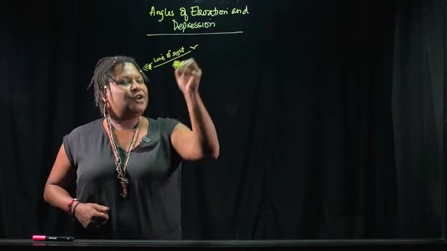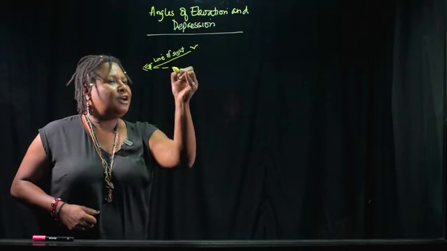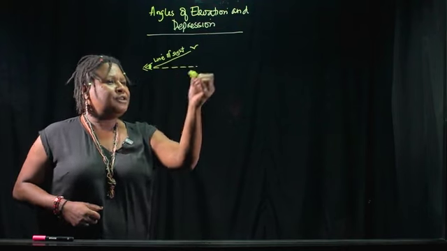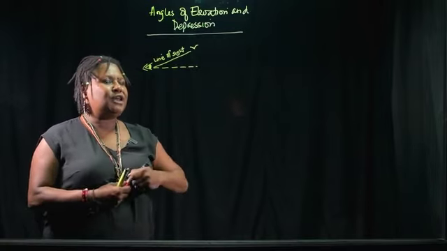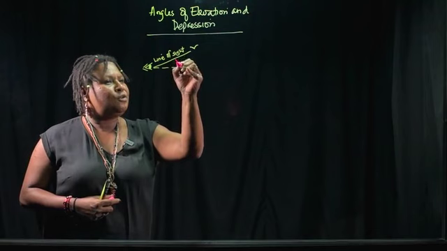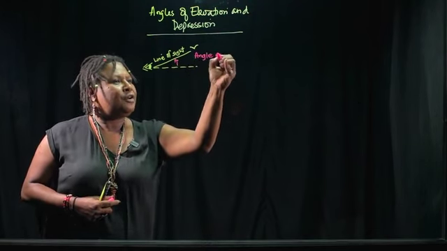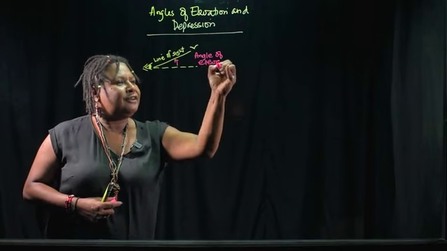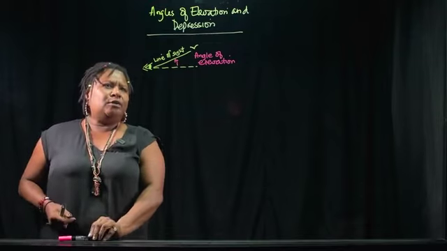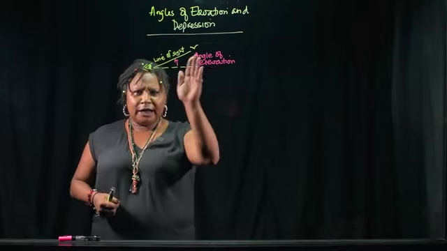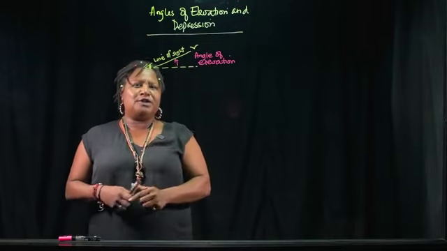Your line of sight forms an angle with the horizontal. This is known as your angle of elevation. Looking upward at something forms an angle of elevation with the horizontal.